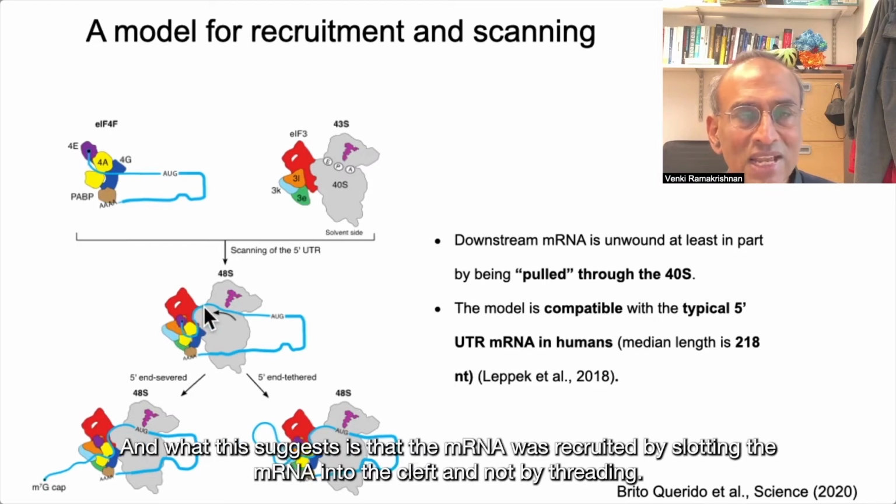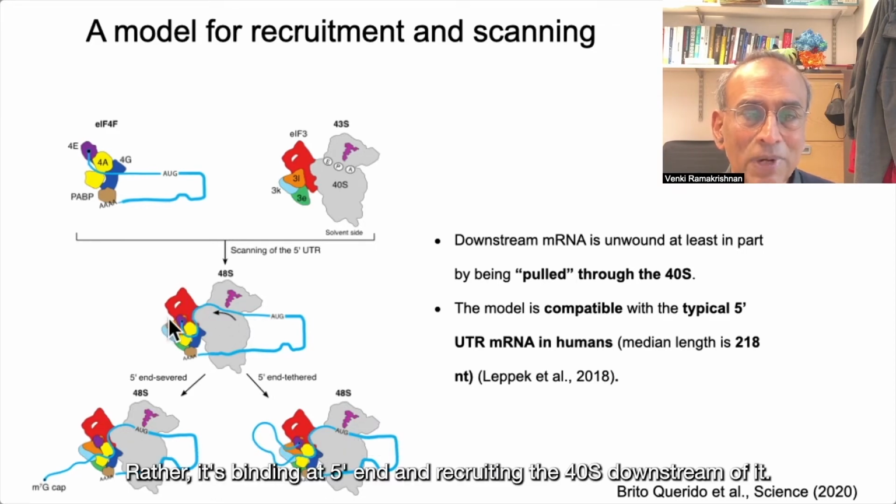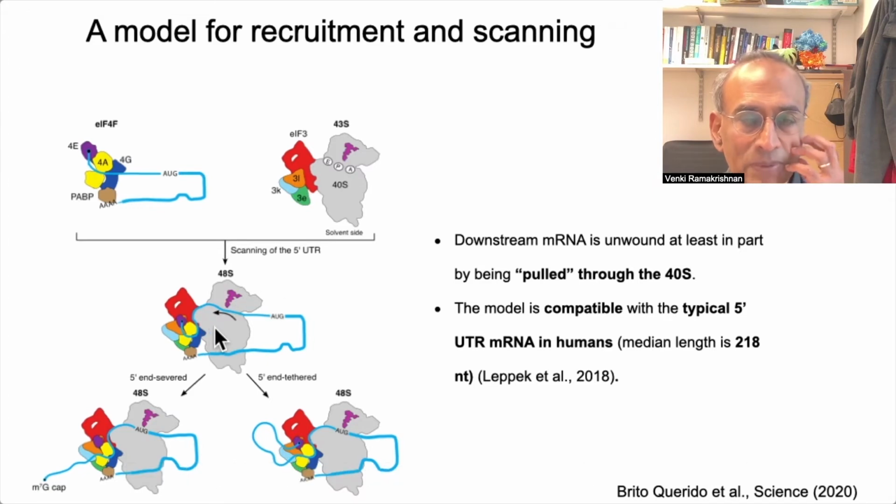What this suggests is that the mRNA was recruited by slotting the mRNA into the cleft and not by threading. So it's not like the cap binding complex is binding here at the entry site and then somehow the mRNA is being threaded. Rather, it's binding at the 5' end and recruiting the 40S downstream of it.